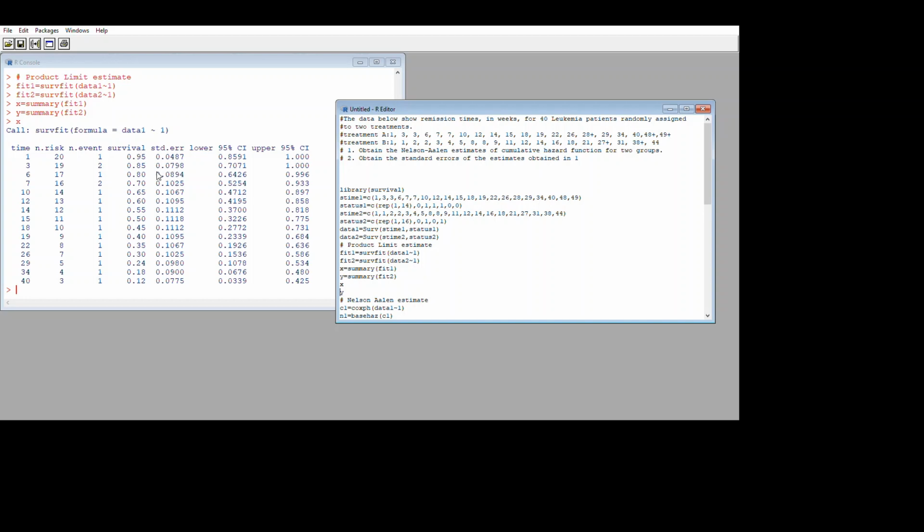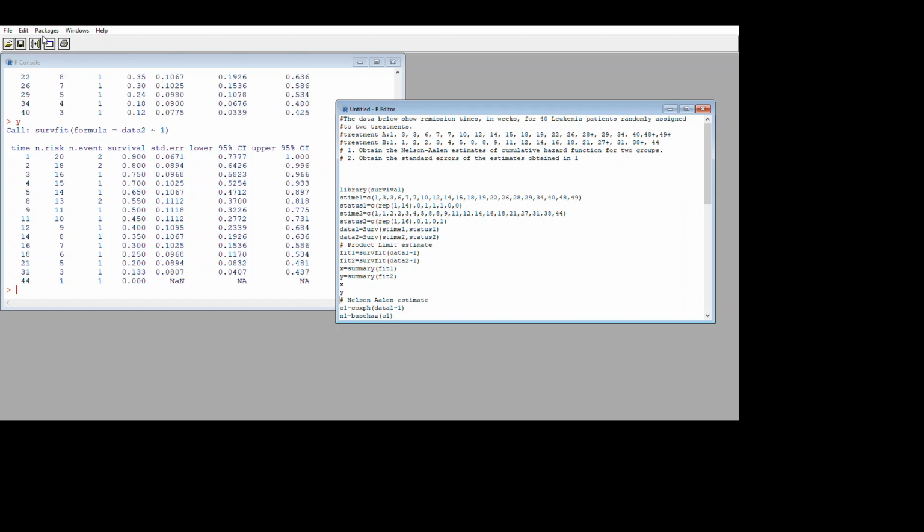Then this column gives the product limit estimate or the Kaplan-Meier estimate for each exact time ti. Then we have the standard error and the 95% confidence interval. Similarly, by calling y, we get the same table for treatment B.